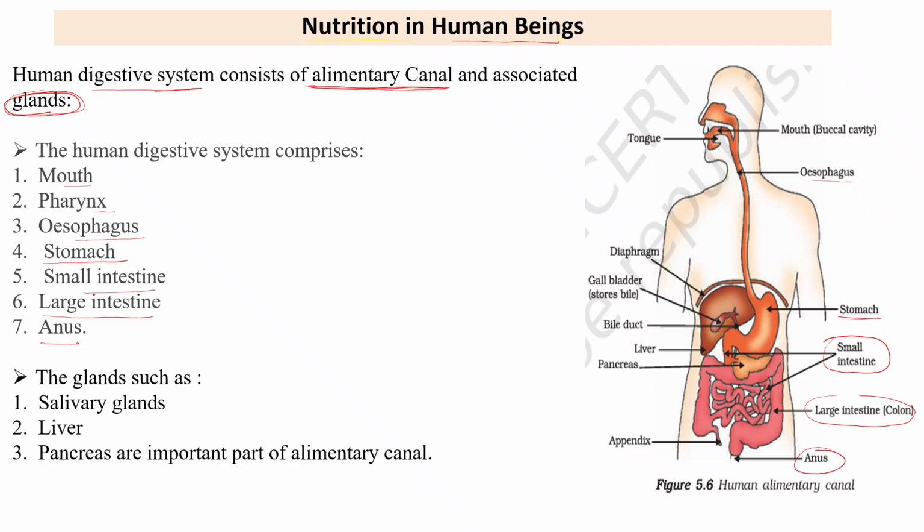The alimentary canal begins from the mouth and ends at the anus. The associated glands are the salivary glands in the mouth, the liver, and the pancreas.